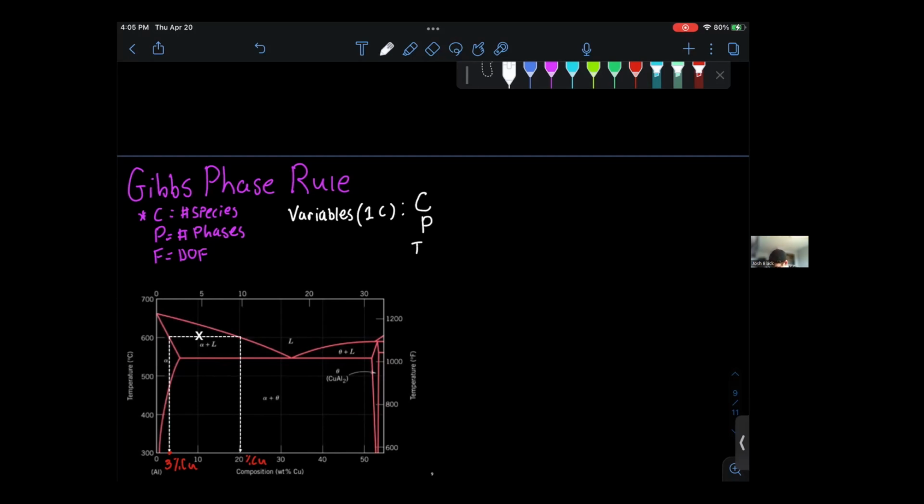And we would have temperature and pressure. In total, the number of variables we have are going to be P, our number of phases, multiplied by our composition, plus temperature, plus pressure.